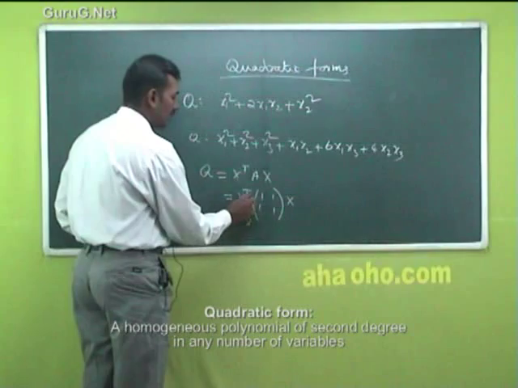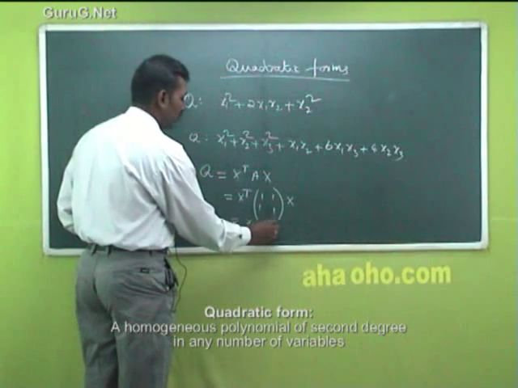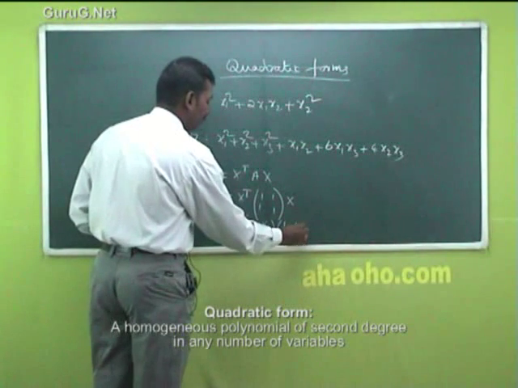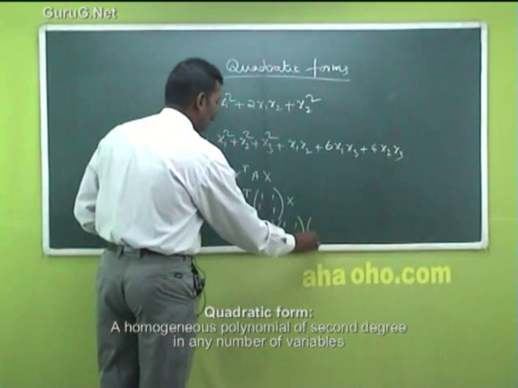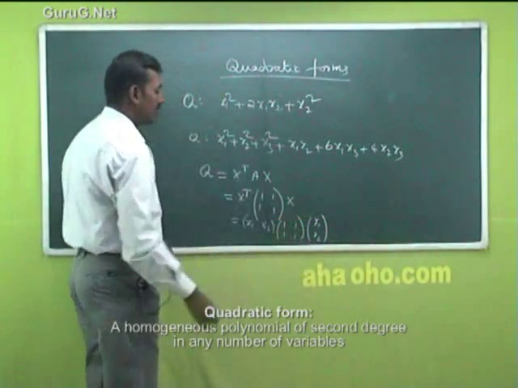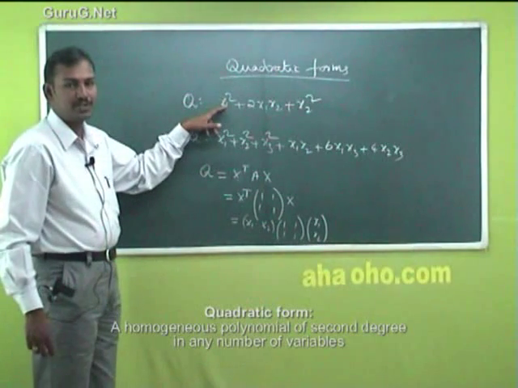So you write it as x transpose, that is x1 x2, then 1 1 1 1, then x1 x2. You multiply these three matrices, you may get this expression.